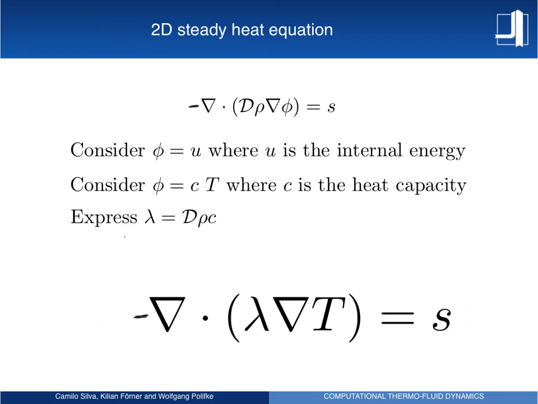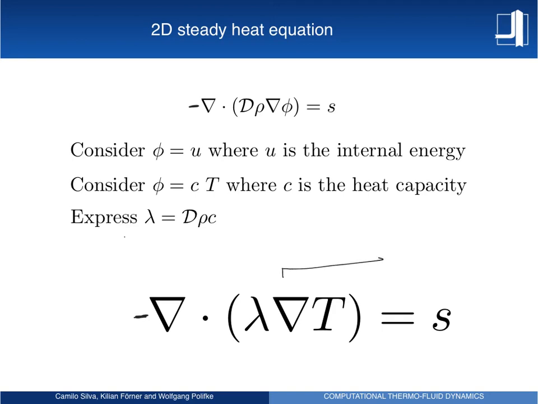And things can be much simpler if we consider in turn that the heat conductivity is constant in space. In that sense, lambda goes out of the spatial operator, and let me just write this down here.